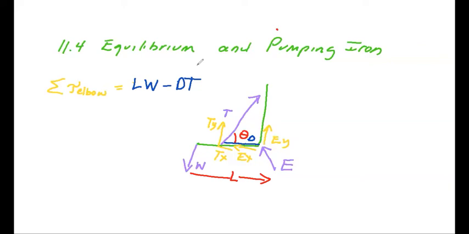That's why we have a positive LW minus D T. And this is T sub Y, my bad. And that's going to equal 0. They solve this in terms of T sub Y. T sub Y is going to equal L W over D, and that's going to equal T sine theta.